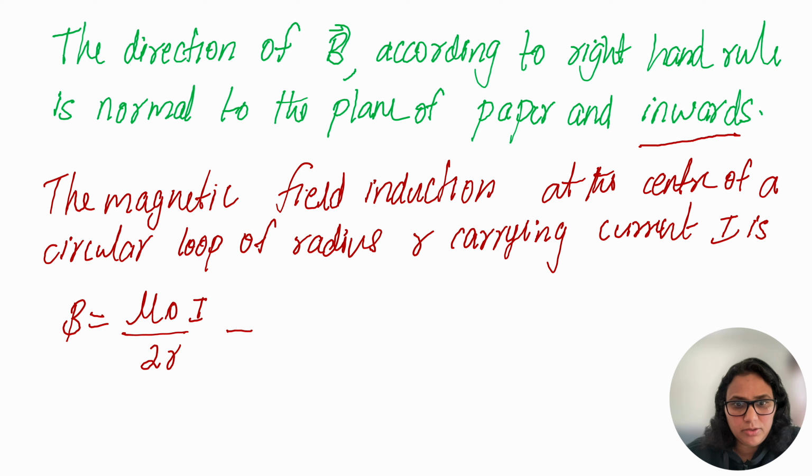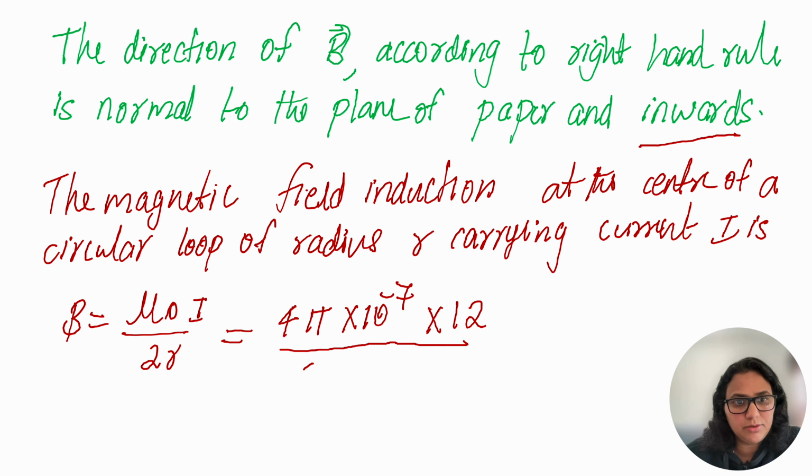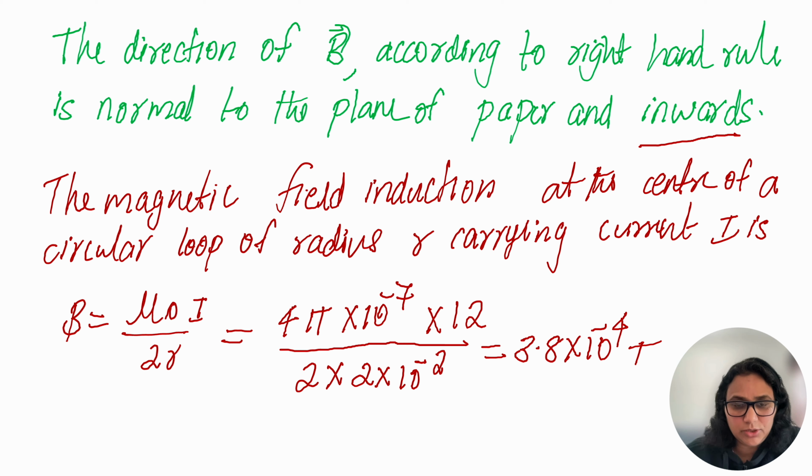So 4 pi into 10 power of minus 7, into 12 ampere, divided by 2 into 2 centimeters, that is 2 into 10 power of minus 2. When you substitute the values, you get the answer as 3.8 into 10 power of minus 4 Tesla.